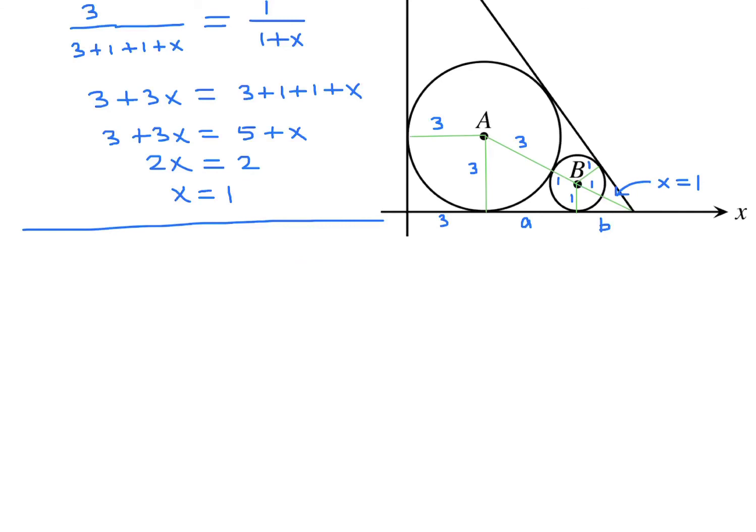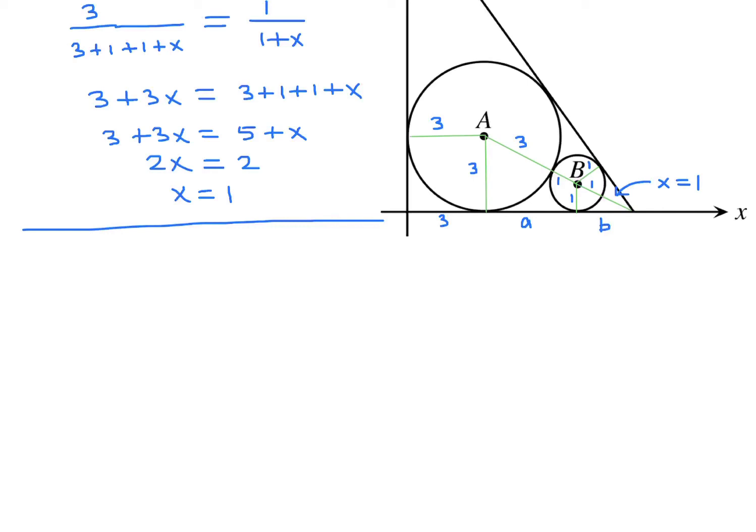So let's try to find b first. b is very similar in terms of the similar triangle situation. Again, we're going to use the same triangles, this one and that little guy right there. So we can use a very similar relationship. We'll use the relationship of the side and the base.